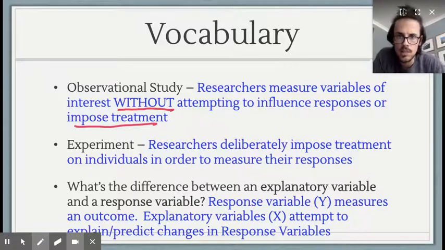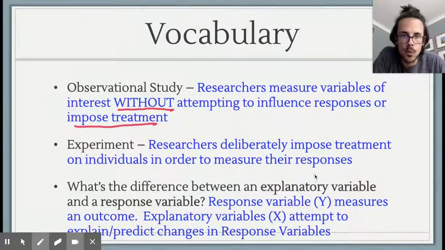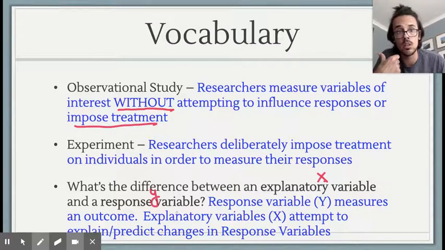So last thing on this slide is what is the difference between an explanatory and a response variable? First off, I wrote it below. Just realize that explanatory variables in regular math terms is an X variable and a response is your Y variable. The response variable is measuring an outcome. In our study earlier, it was rate of ADHD. Do you have ADHD or do you not?